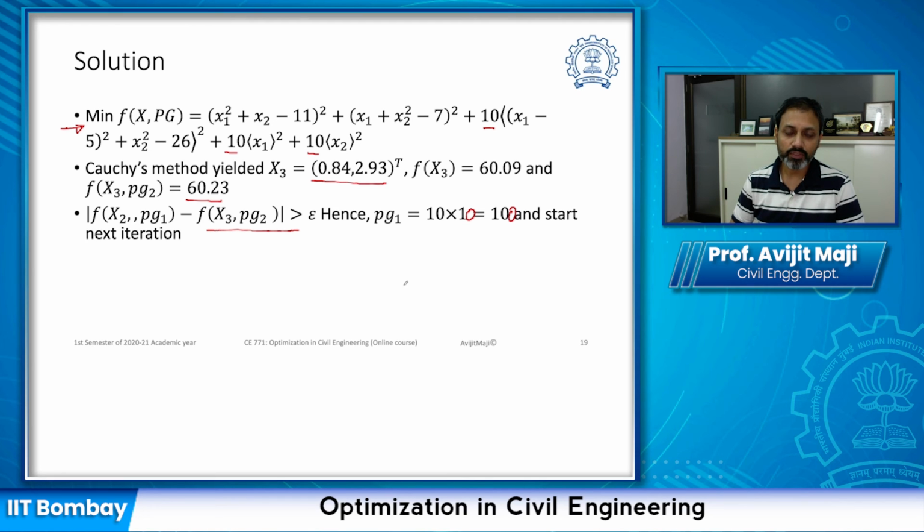Before we go to the next class, I would like to summarize the methods which we have learned so far. We discussed various numerical methods to solve the unconstrained single variable optimization problem.